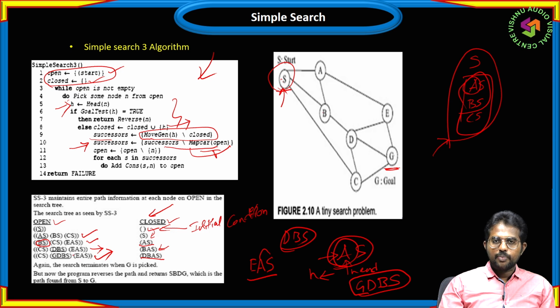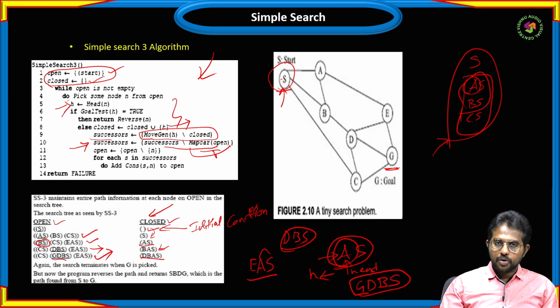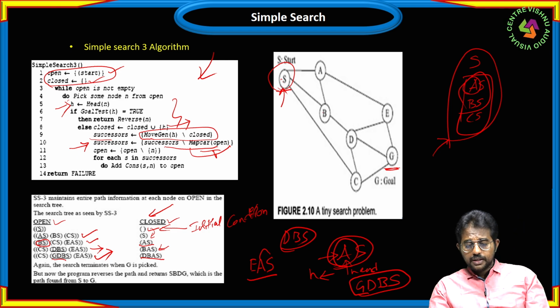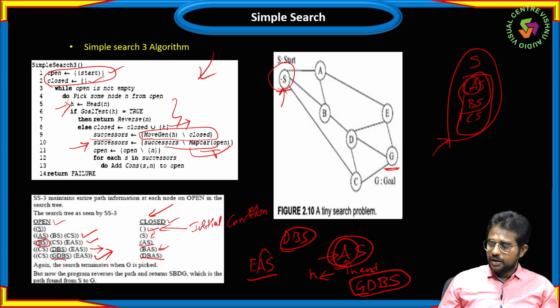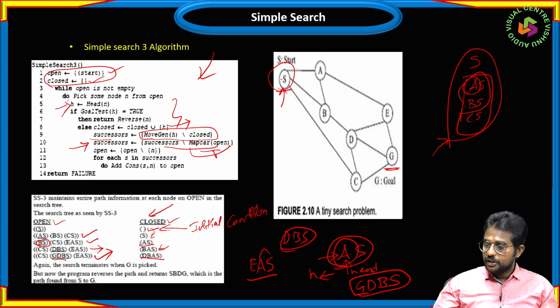In these three elements, let's say I have picked GDBS. So this G will be extracted from that node, and we will apply the goal test on that particular G. There we will have true. After true, the node that was stored, that is G, D, B, S, we will reverse that particular order.